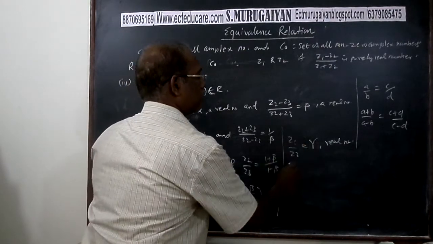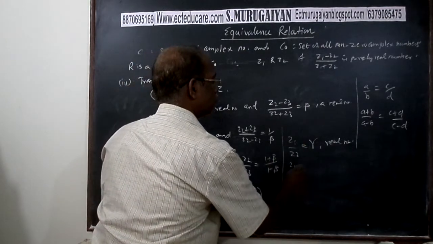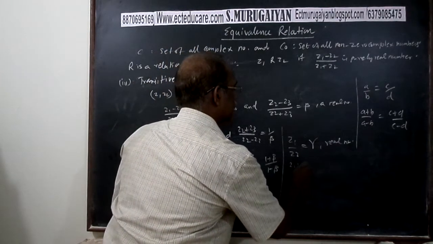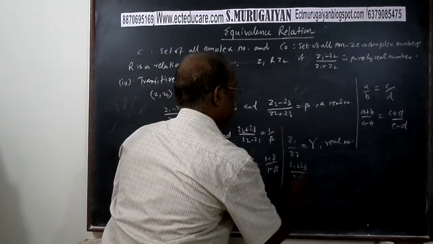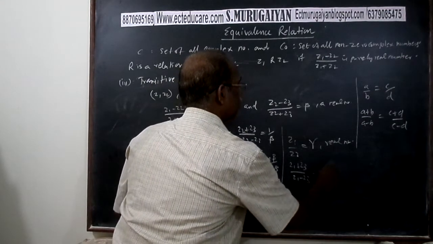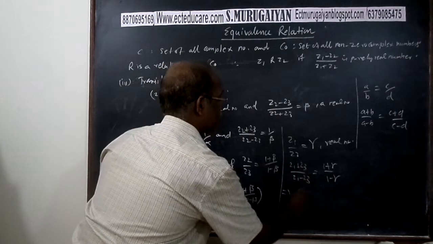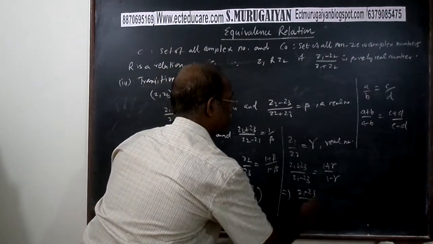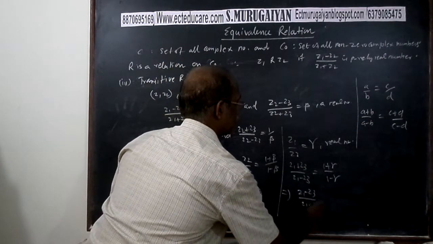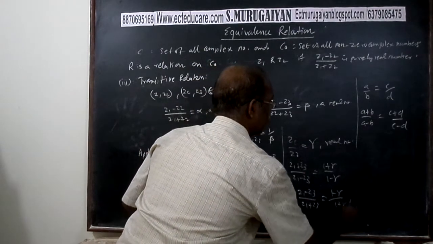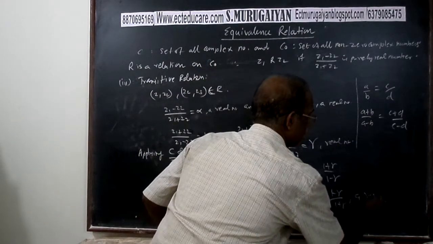Then applying componendo dividendo, (Z1 plus Z3) by (Z1 minus Z3) equals (1 plus gamma) by (1 minus gamma), and taking reciprocal, (Z1 minus Z3) by (Z1 plus Z3) is (1 minus gamma) by (1 plus gamma), also a real number.